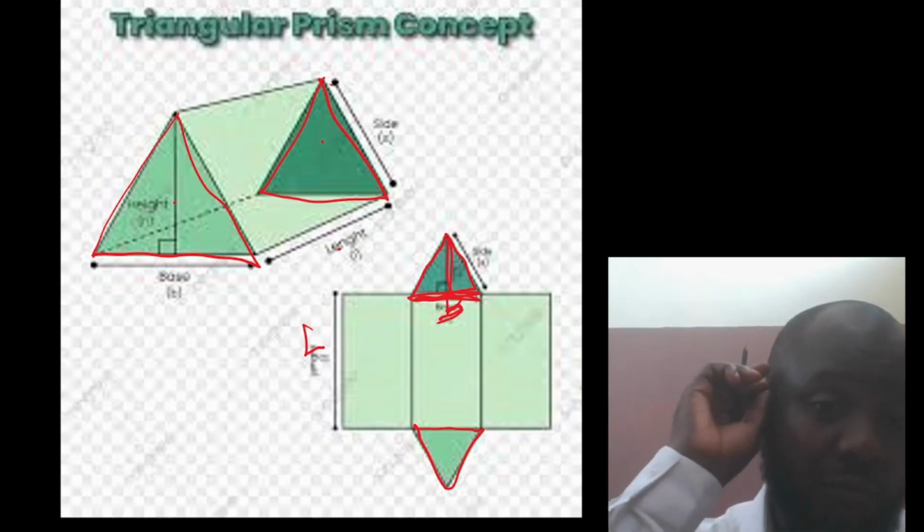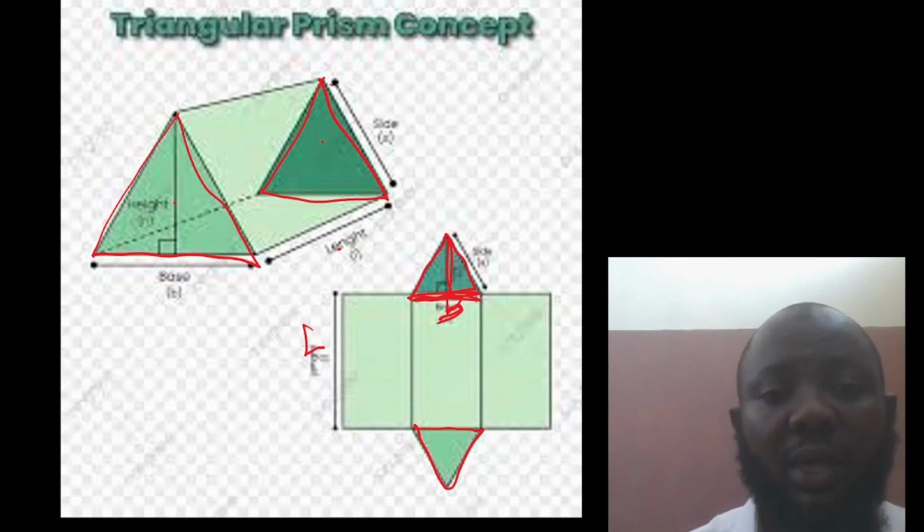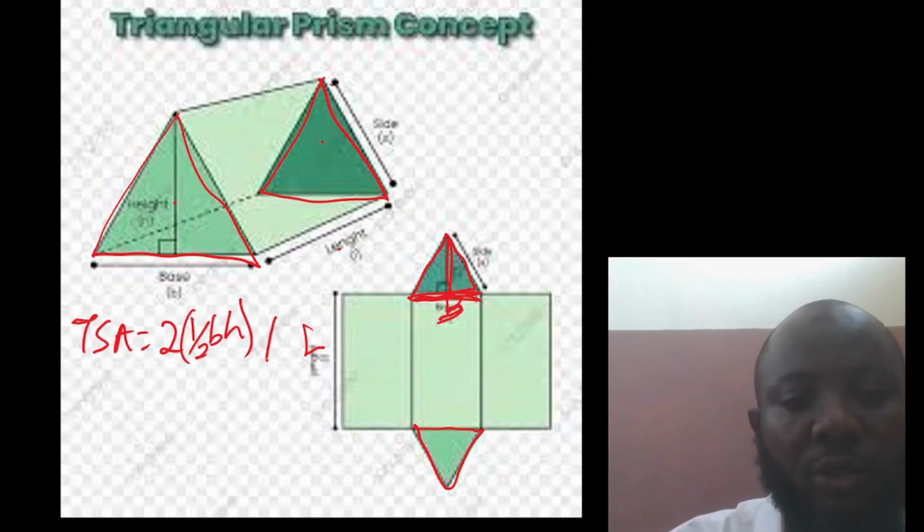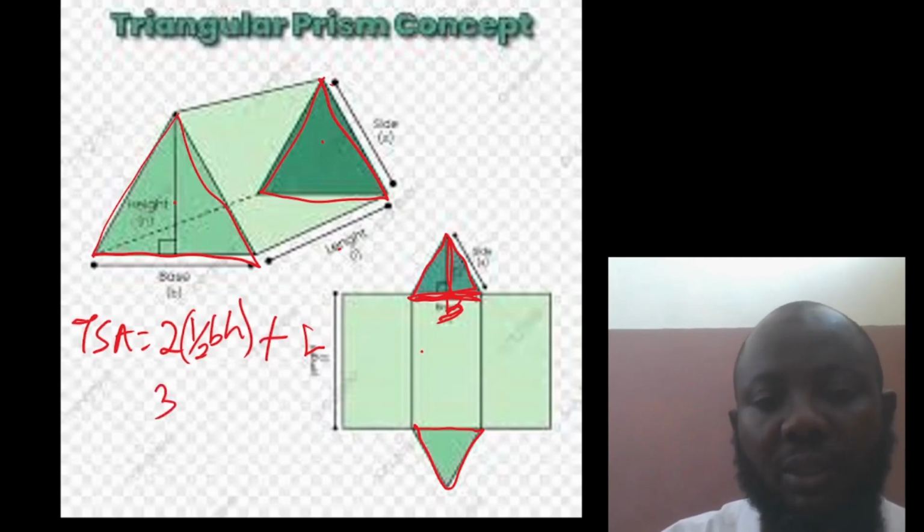So for us to calculate the total surface area of this prism, it will be 2 times the area of triangle, that is half base times height, plus 3 rectangles, because they are the same size. You understand?